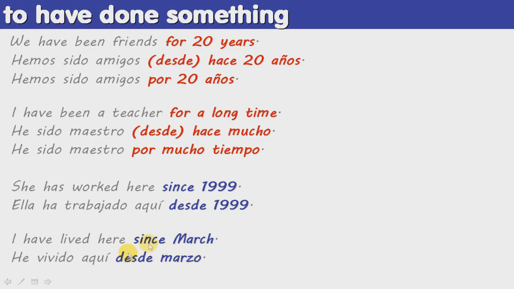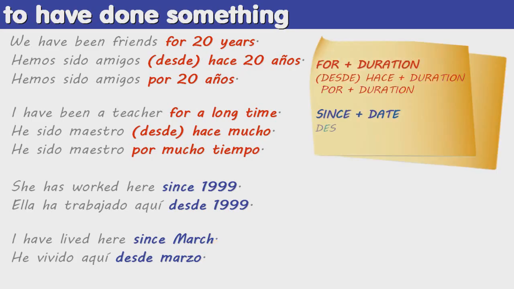So since is translated as desde. Something important here, for plus duration is translated as desde hace plus the duration or just hace plus the duration, as we can see in all of these examples. We can also use por plus the duration. Since plus a date in Spanish is translated as desde plus the date.